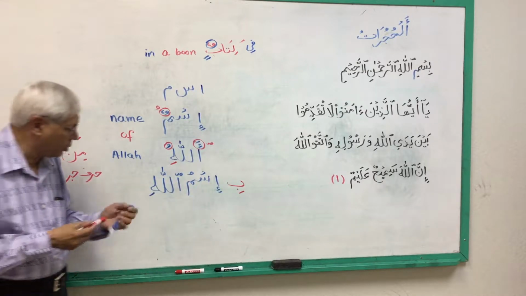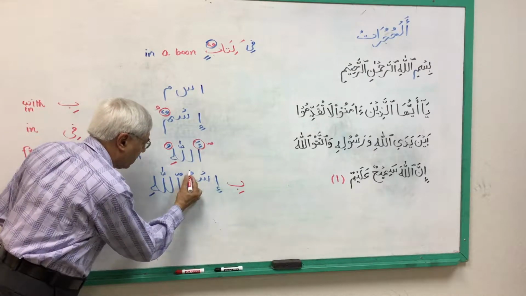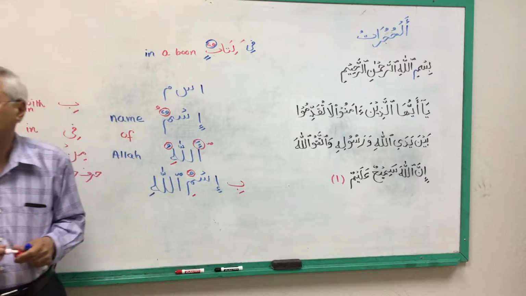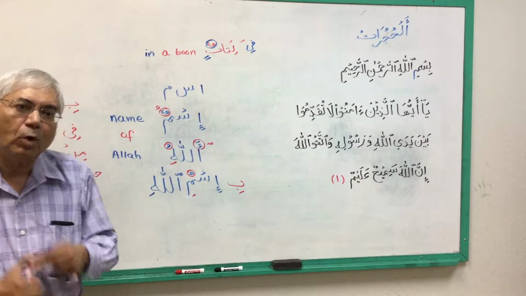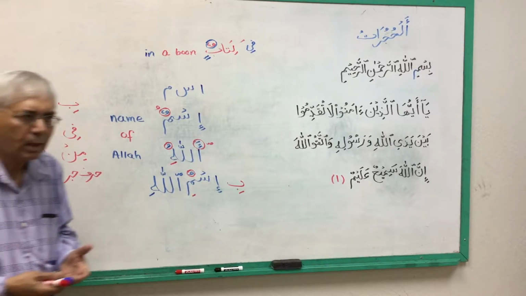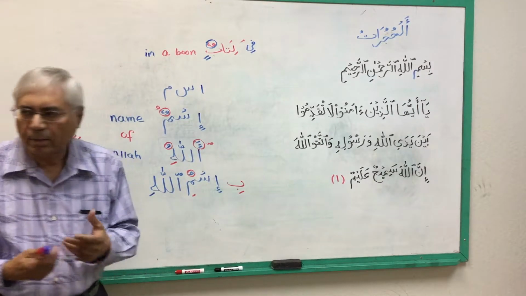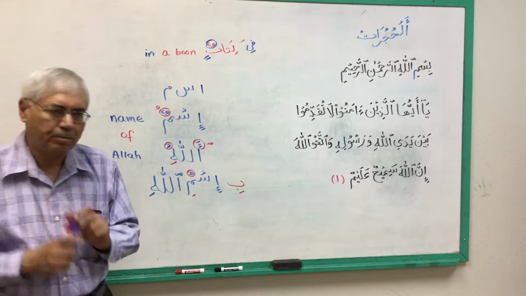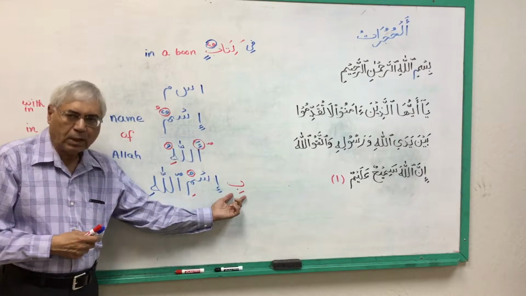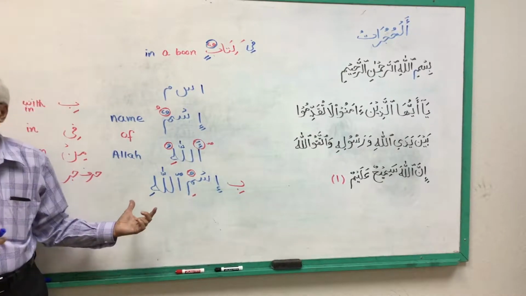It says, I'm going to change this dhamma to a kasra. So now ismo became ismi. First it was ismun, then it became ismo, then it became ismi. So now the word is bi ismillahi.